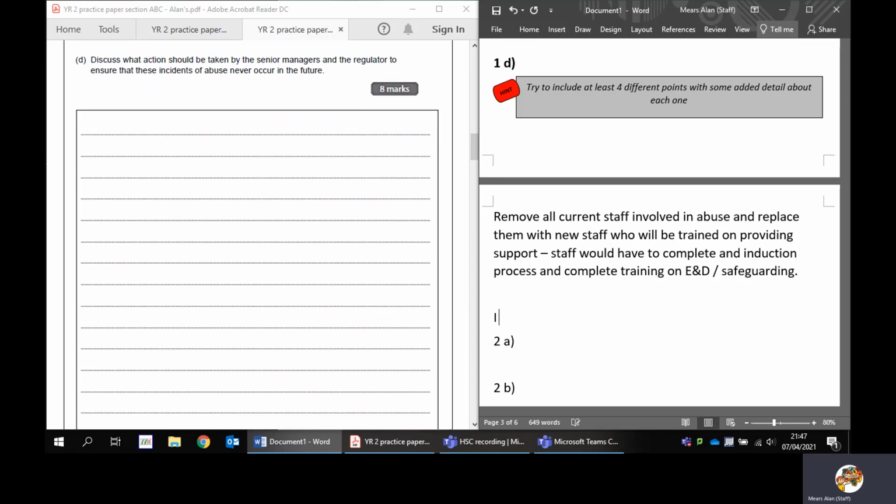Inspectors, or we could put, install CCTV in all common / communal areas. This would record and reduce incidents of abuse.